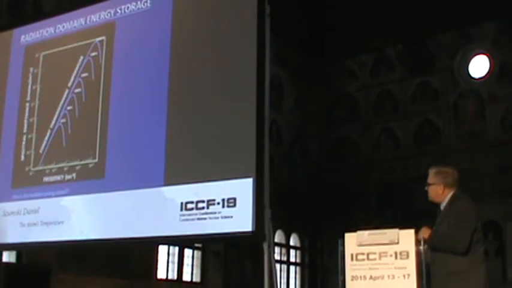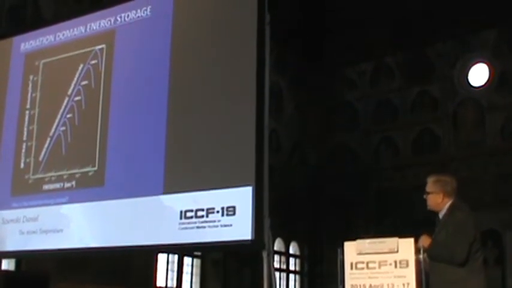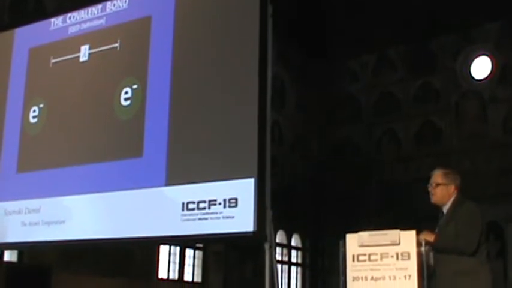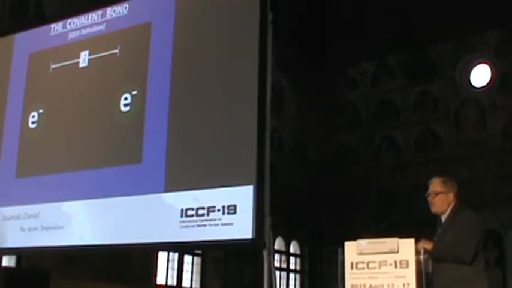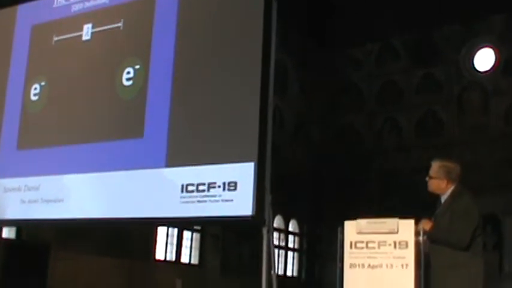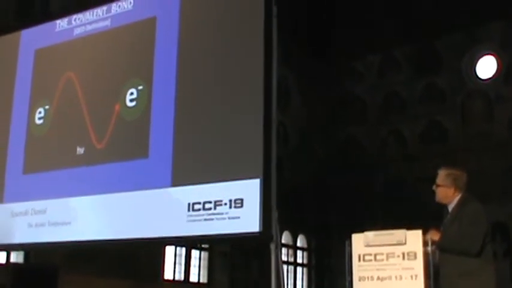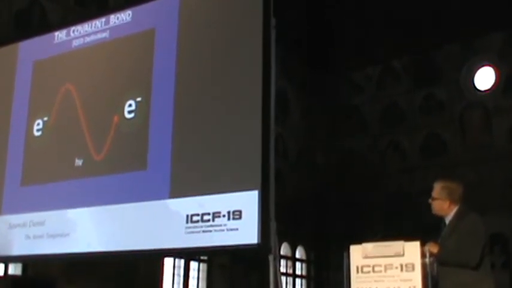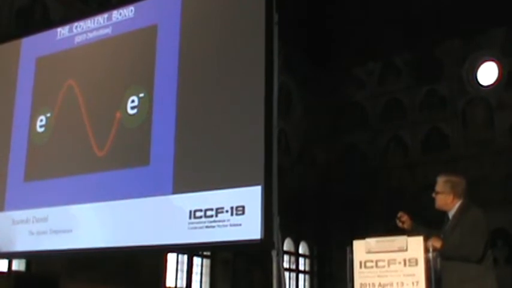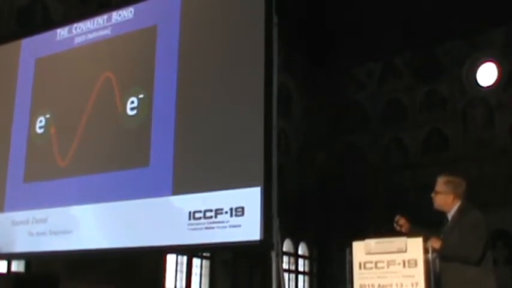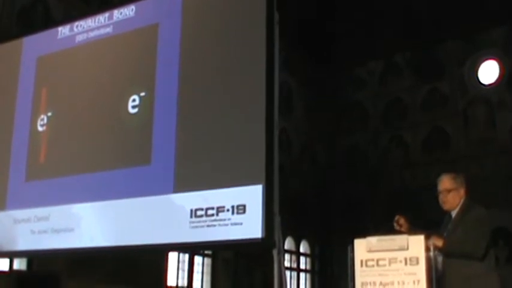I'd like to begin by talking about the QED description of a covalent bond, which I'm sure you're familiar with, where an electron emits a photon, h nu. It is absorbed by the covalent electron, and then re-emitted, and absorbed by its covalent electron.